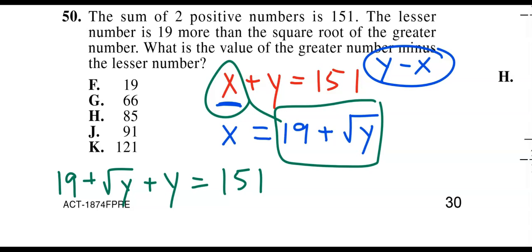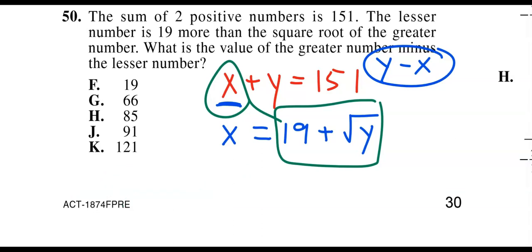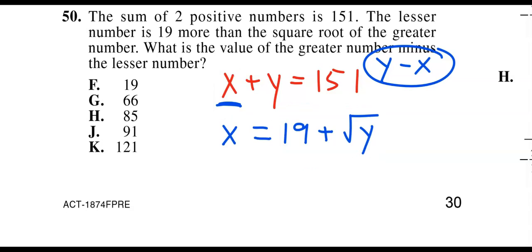Because this is what I did. I don't know if that's the best. Maybe I need to do something different here. What if I subtracted the 19 to the other side and got y by itself?